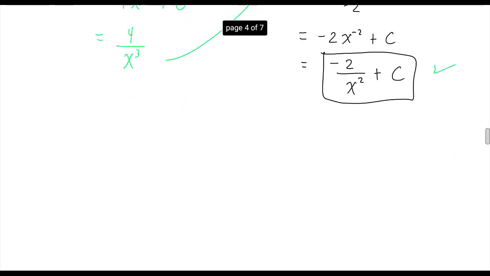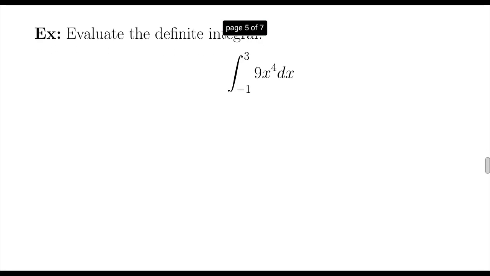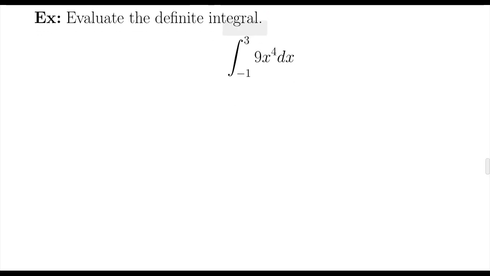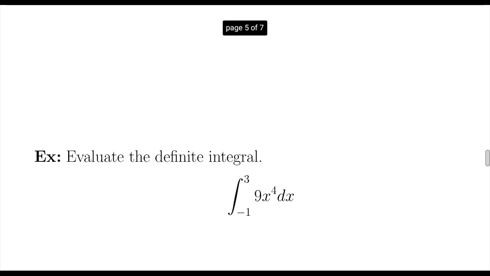Okay, so that would be the indefinite integral. Next up is the definite integral, and this is where the fundamental theorem of calculus comes into play. So maybe I'll go up real quick and write out what you need to know about the fundamental theorem.